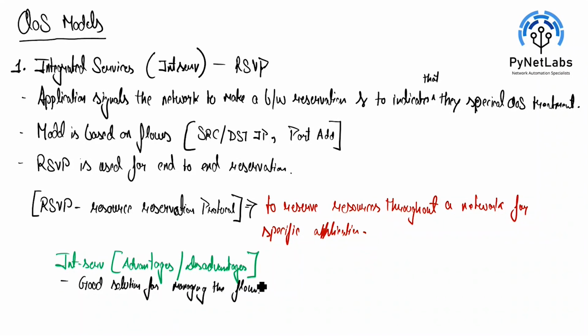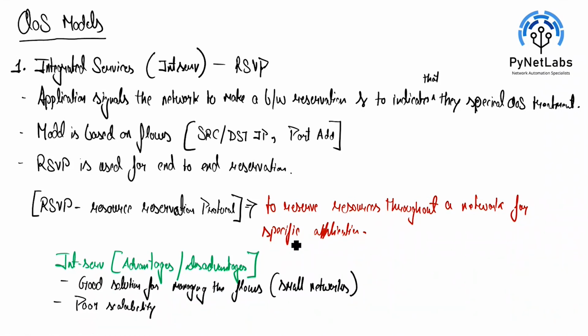Now, what kind of flows? Which we have already discussed, that it is going to use the RSVP protocol for the flows, but only inside small networks. It's not scalable for large networks. It's only suitable for small networks because it has poor scalability. So this is one of the disadvantages, and it's also pretty difficult to implement.